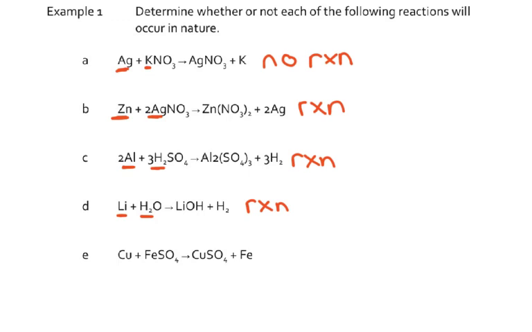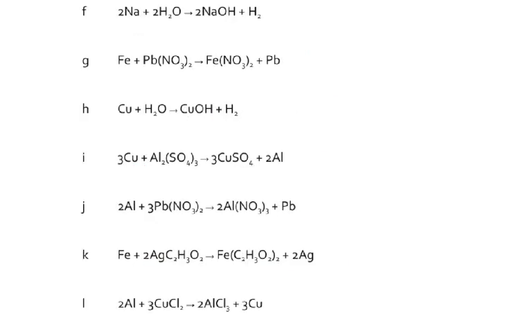E, for this reaction to happen, copper would have to be above iron. Copper is below iron, so this reaction will not happen. F, for this reaction to happen, sodium would have to be above hydrogen, which it is.